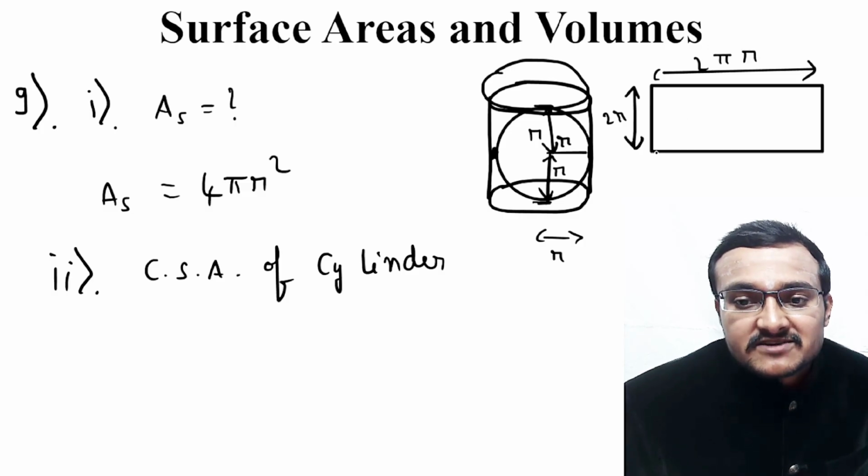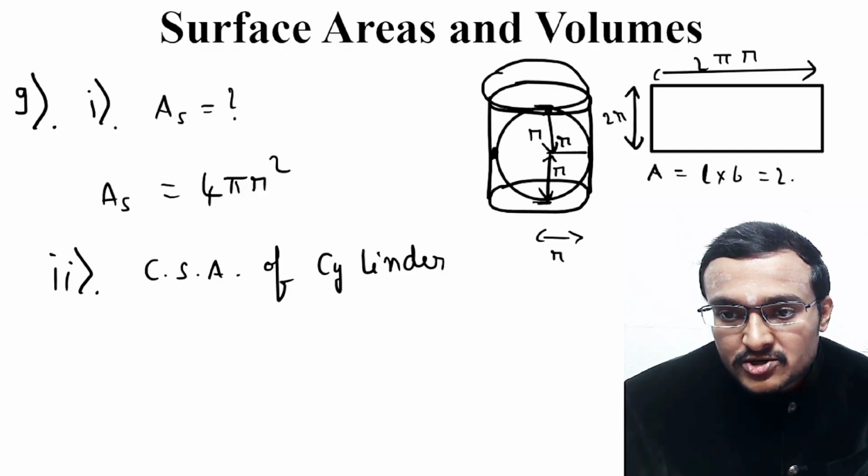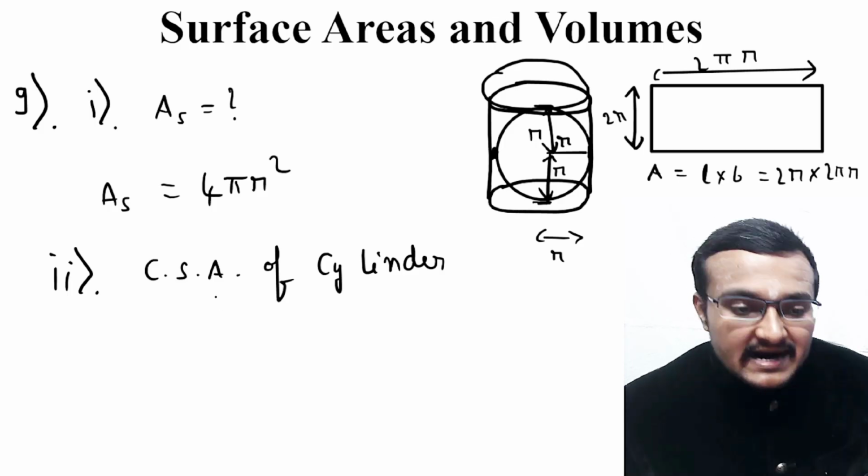So now what is the surface area of this rectangle? The area of this rectangle will be length into breadth, that is 2r into 2 pi r. So 2r into 2 pi r is equal to 4 pi r square.